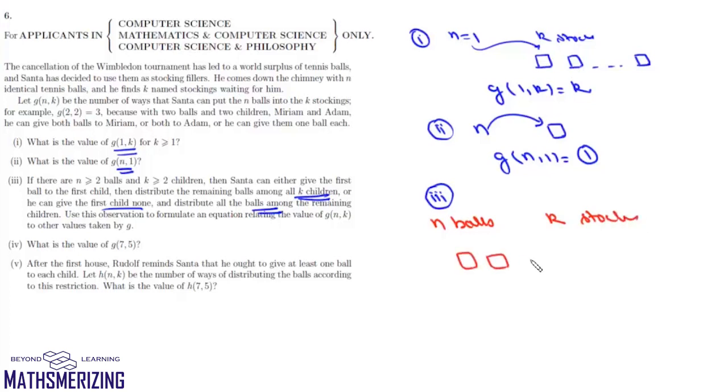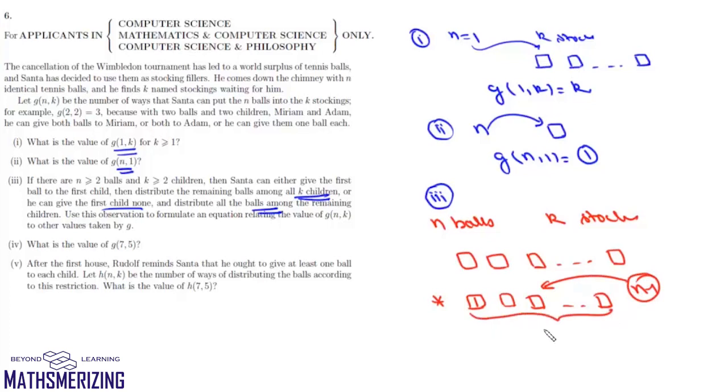So now we have k stockings. Now here we will consider two mutually exclusive and exhaustive cases. Case 1, when the first child gets one ball and then the remaining n minus 1 balls are distributed among all k children, or we'll have the second case when the first child gets none, then all the n balls get distributed among k minus 1 children.